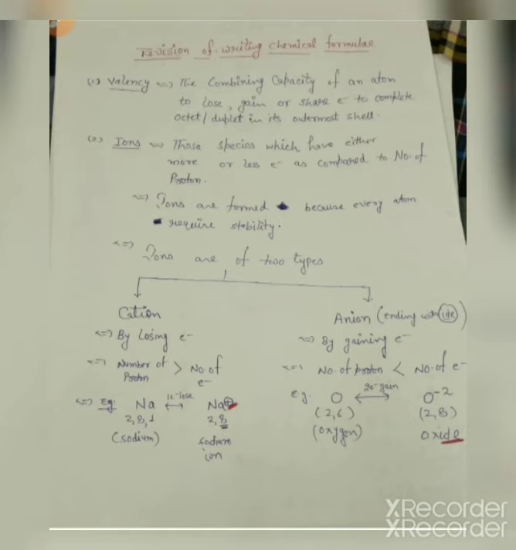Oxide, ending with ide. And you can clearly see on your screen that oxide ion configuration is 2, 8. So in case of cation and in case of anion, the outermost number of electron is always 8.